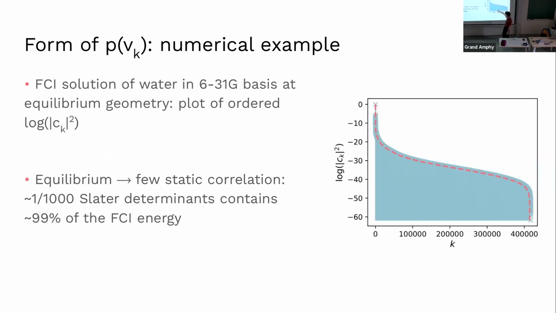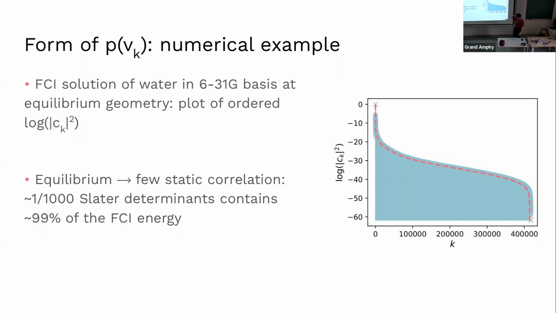So you can see that only 100 of the first 1,000 configurations contain almost 99% of the full CI energy. So this means that you really don't need to solve the full CI problem in order to have very accurate results.